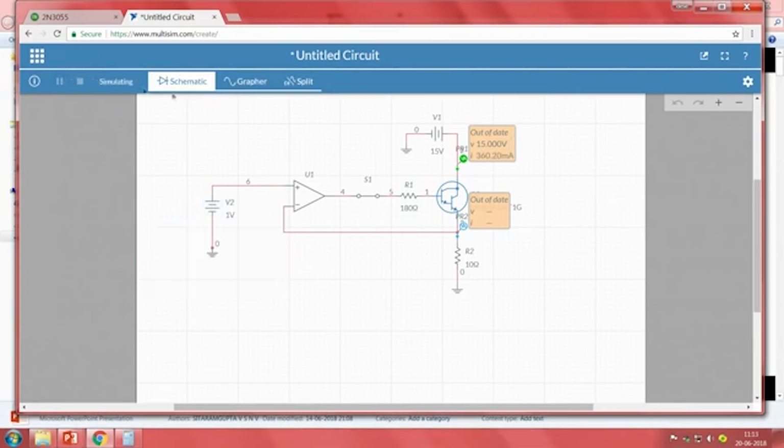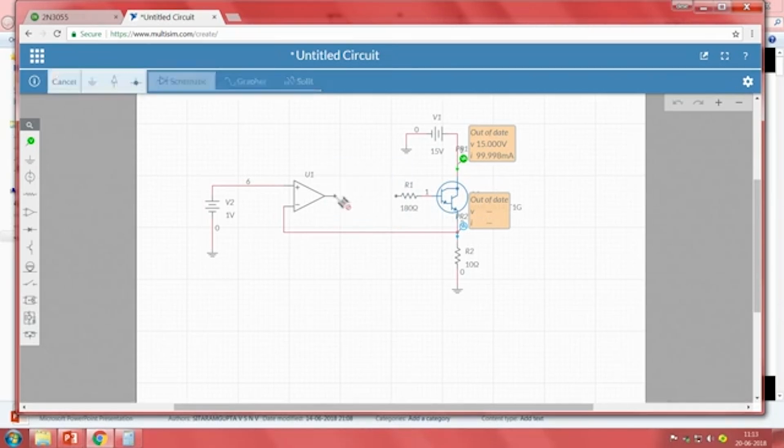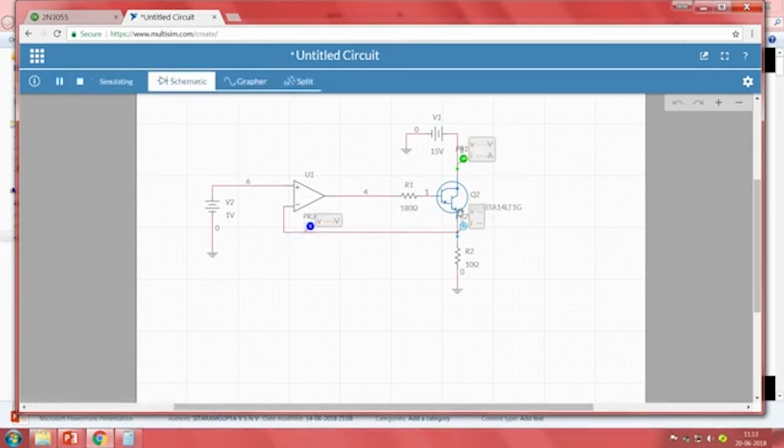Now, when I switch on, we can see the voltage drop. One thing is clear that at this particular terminal the voltage is 999.99 millivolt, almost equal to 1.